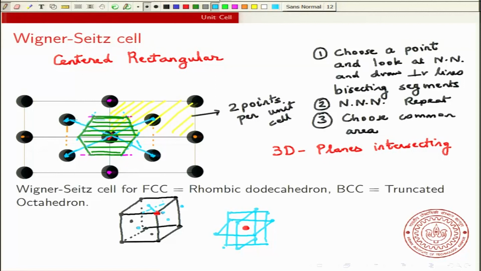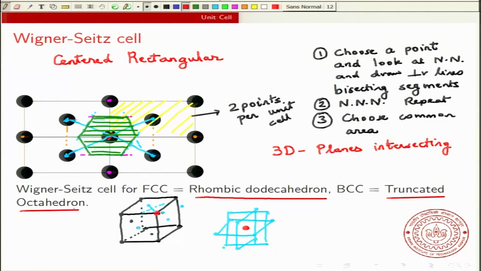You need to draw bigger cells and see what is the plane of intersection, but again this can be done with a lot of effort, and what you will find is that the Wigner-Seitz cell for FCC is a rhombic dodecahedron. The Wigner-Seitz cell for BCC is a truncated octahedron.